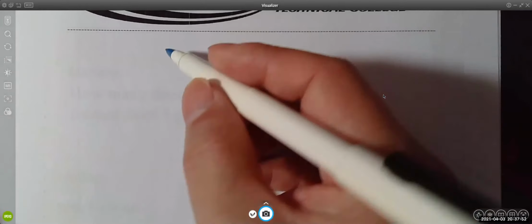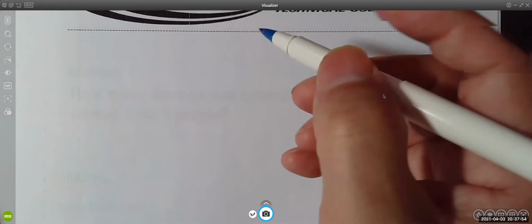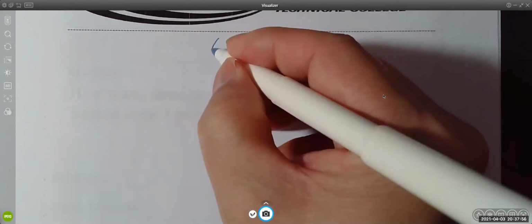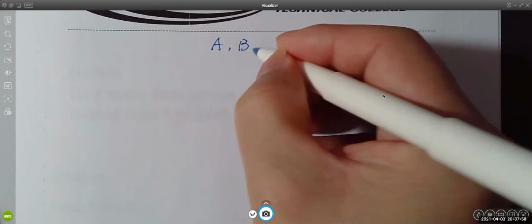I have this empty space. I'm going to show you literally those 24 different outcomes. Based on this, we're going to develop our combination formula. Remember, this one currently is a permutation. So we have A, B, C, D, 4 letters. We select 3 out of 4. Now I'm going to write down all of these 24 different ones.